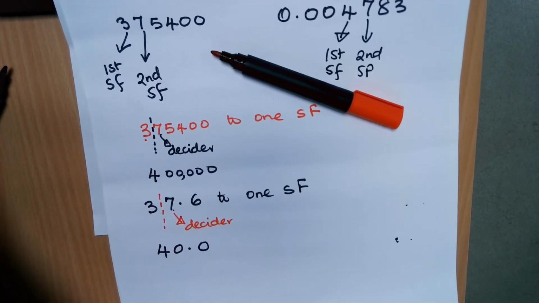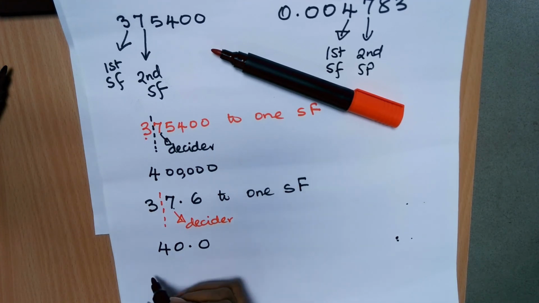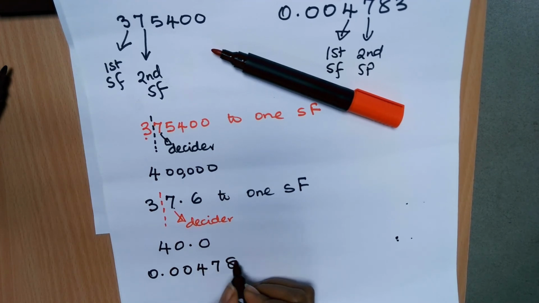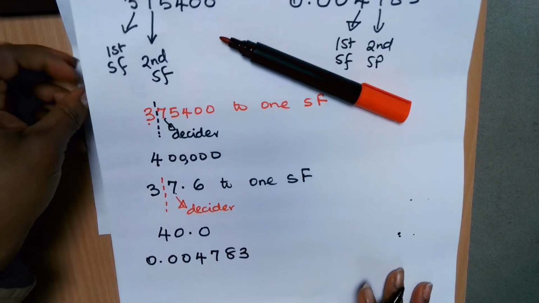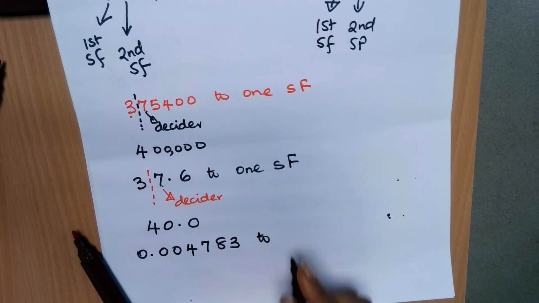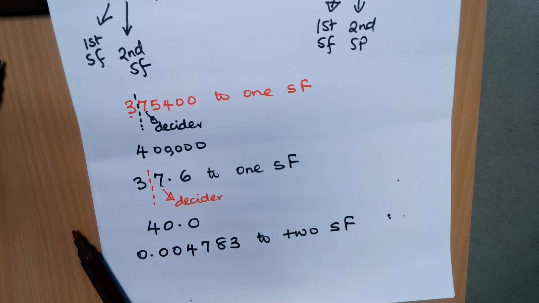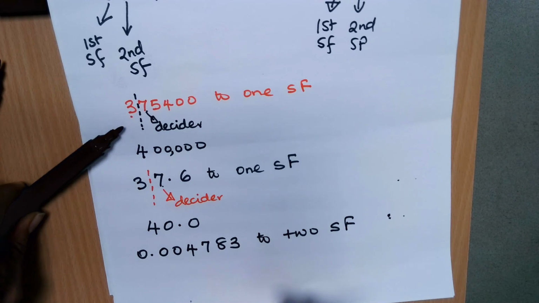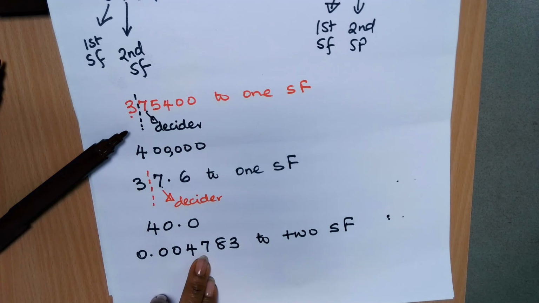Right. Let's do another number. We've got 0.004783, two significant figures. So remember that the first significant figure is the first non-zero number in this case.